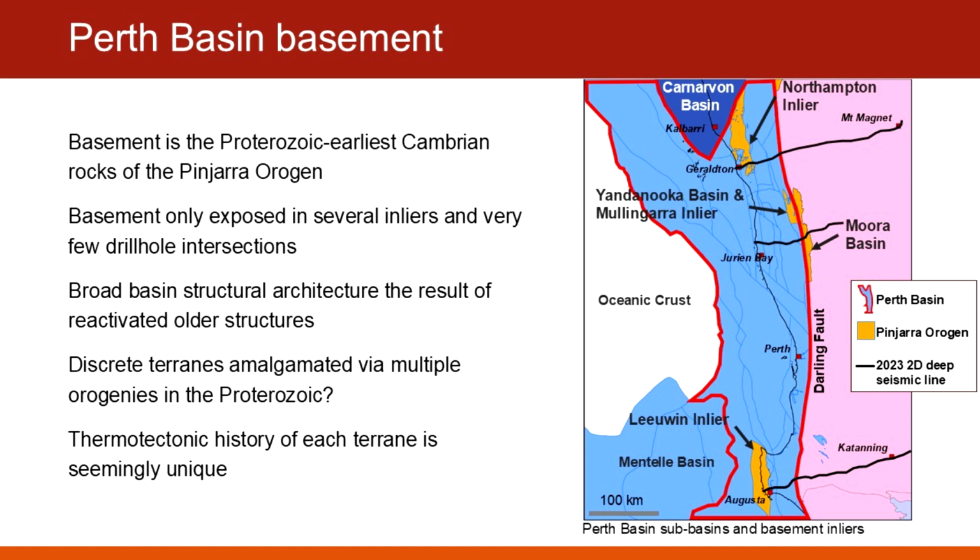And the question has always been, given we see such differences in the amount of subsidence along the basin axis, to what extent did these different Pinjarra Orogen terranes affect the development of the Perth Basin? You'd expect perhaps where there's a part of the Pinjarra Orogen that is rheologically weak, that would stretch more during the Phanerozoic rifting and create more accommodation space and more subsidence in the Perth Basin above.